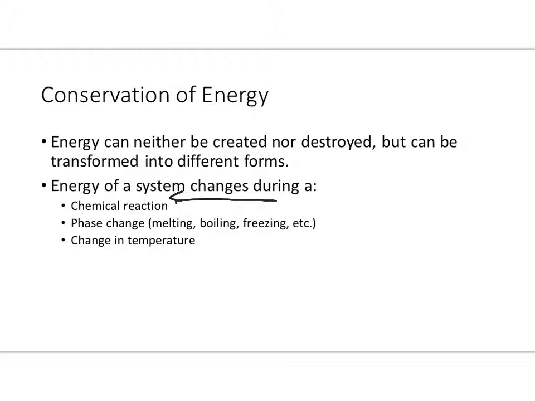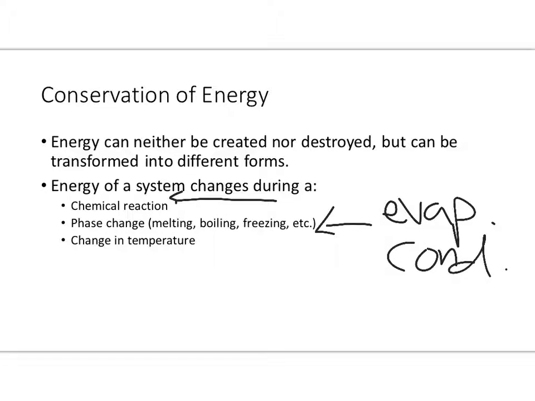When we have a chemical reaction, something's going to happen to the energy in that system. It's either going to go up or down. Another is when a phase change happens: melting, boiling, freezing. We could also put in here evaporating or condensing. Both of those things will change the energy because that is a phase change, isn't it? You also have a change in temperature. Obviously, that is going to change the energy of the system.